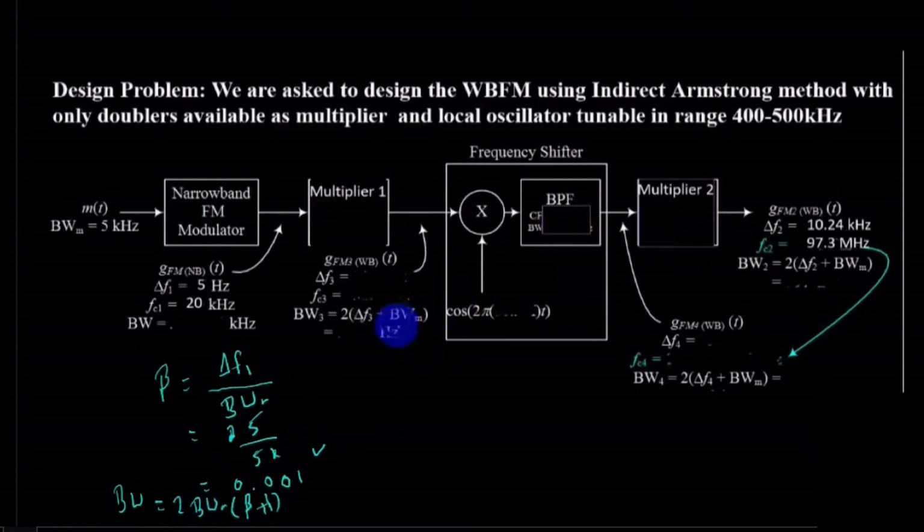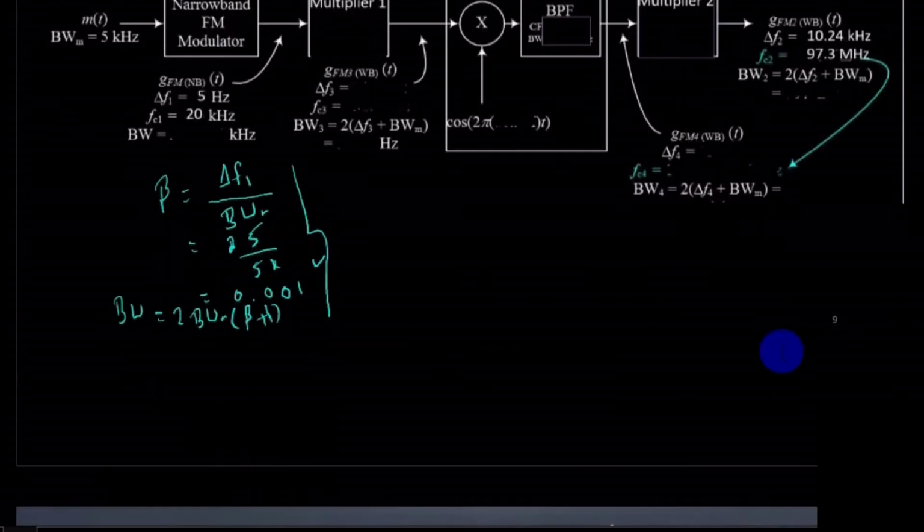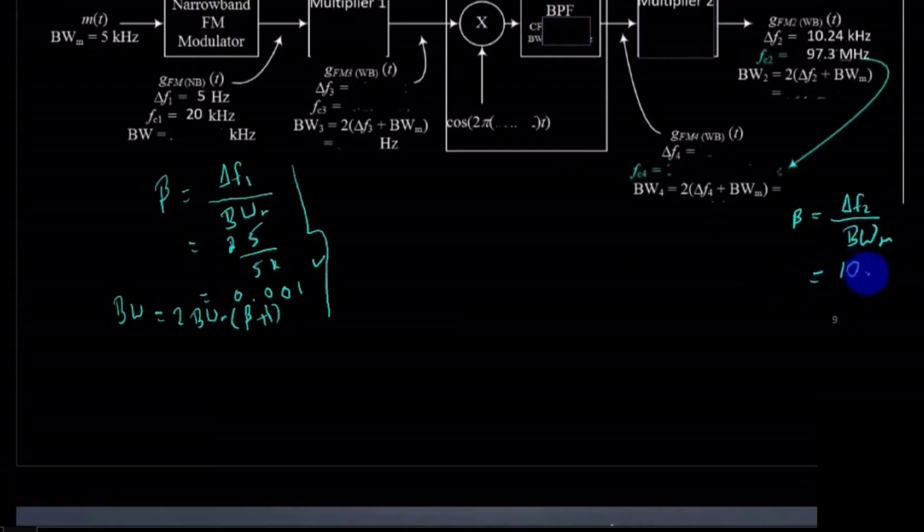Now moving on towards the wideband, we can follow a similar procedure. We find the modulation index beta, which is equal to delta f2 by the bandwidth of the message signal, and this is equal to 10.24 kilohertz divided by 5 kilohertz, right?